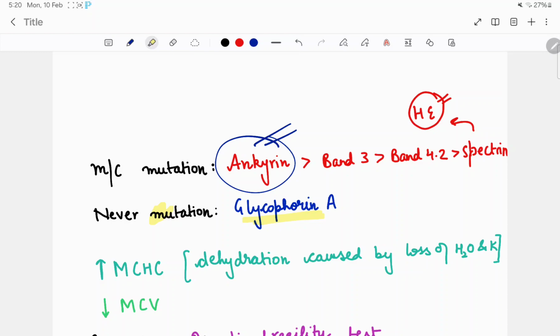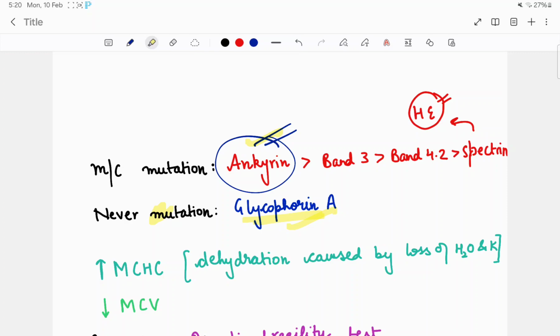So the first question: what is the most common mutation and what never mutates? It's glycophorin. Due to the structural defect in the RBC membrane, there is a decreased surface to volume ratio, which causes a spherical shape of RBCs.